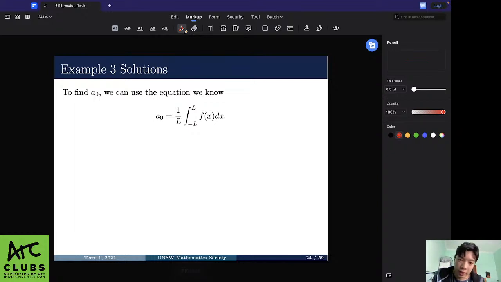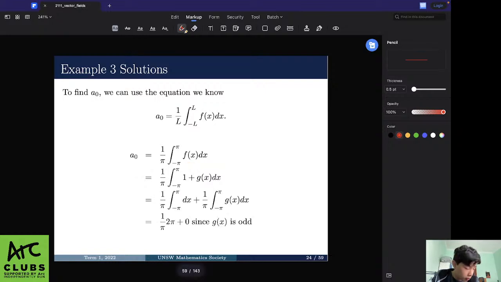So first, I'd like to find what a0 is. And so a0 is going to be f of x integral from minus L to L, and then multiplied by 1 on L. And since we know that L is equal to pi, we can just write it out like this. And then, of course, we use the fact that our f is equal to our 1 plus g. And then we can just split the integral, right?